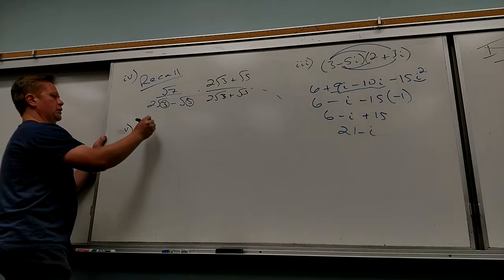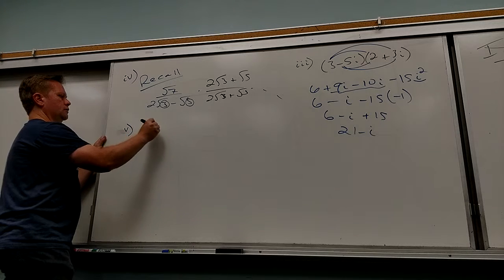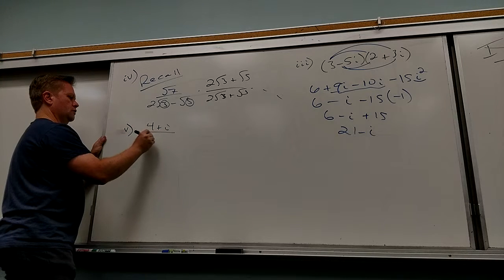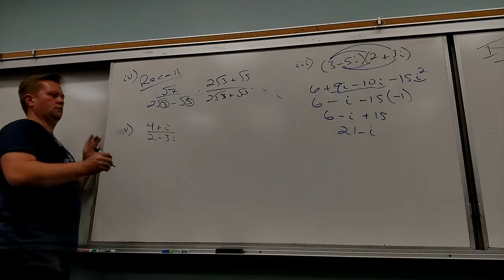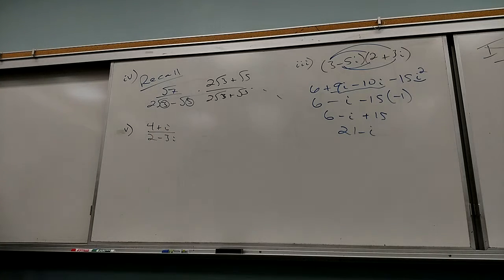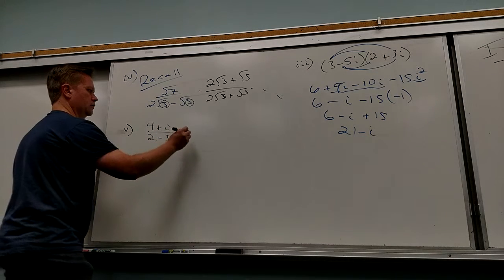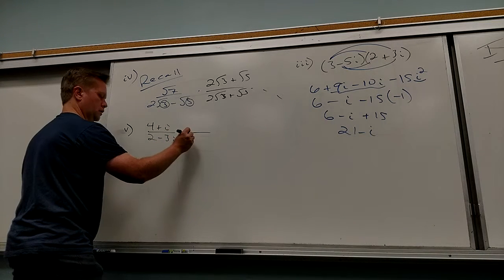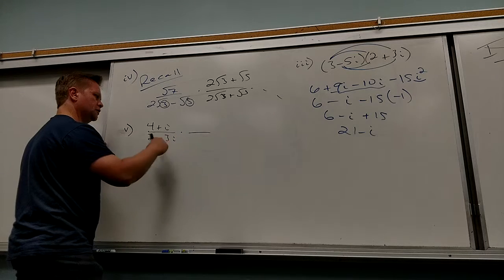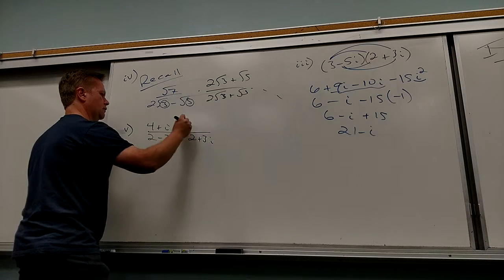So watch this. Now, how do I do this? Multiply by what exactly? The conjugate. So 2 plus 3i.